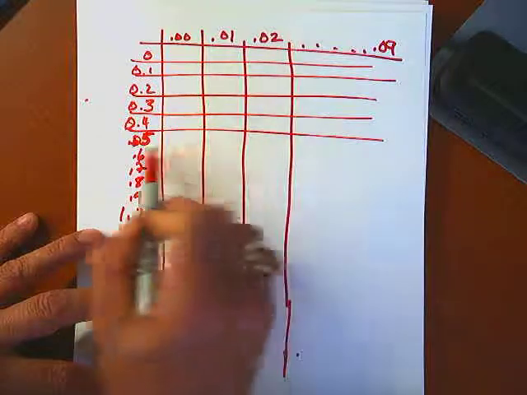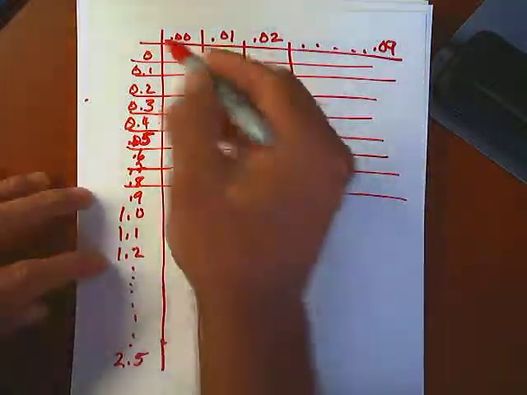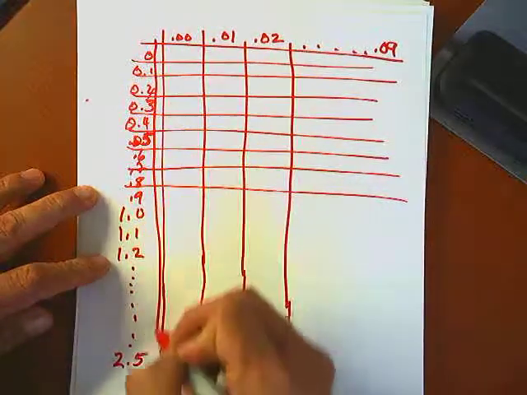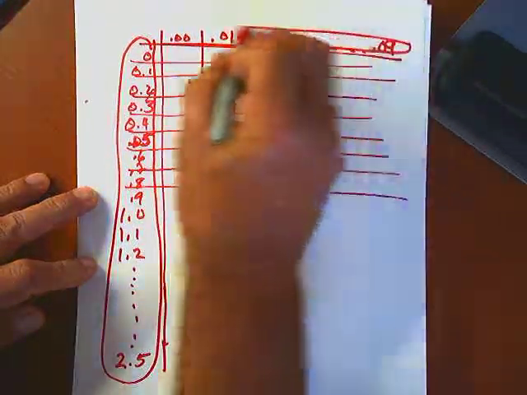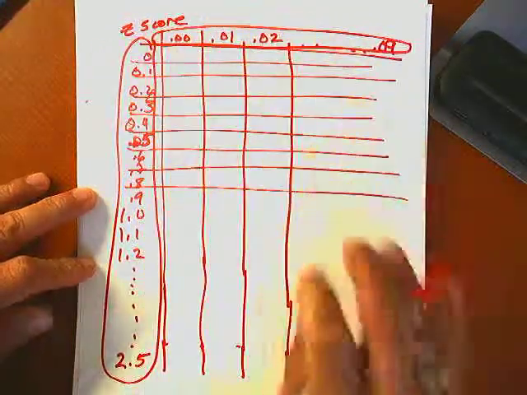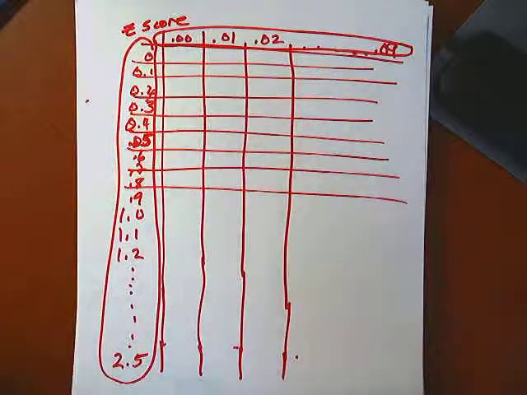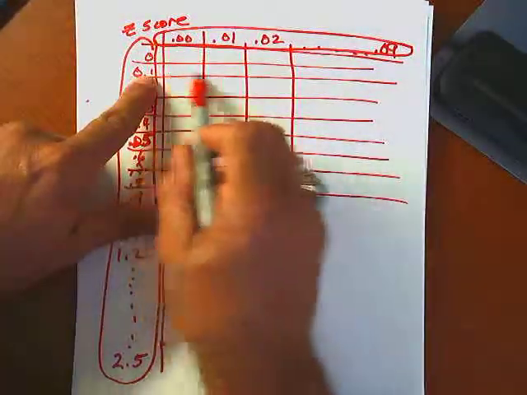I'm going to just say 2.5. I don't have one in front of me right now. And all these values are going to go right here, like so. And so on. These values right here and these values combine to give you your z-score.